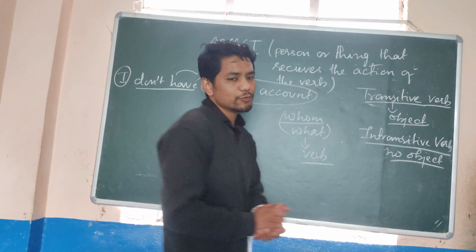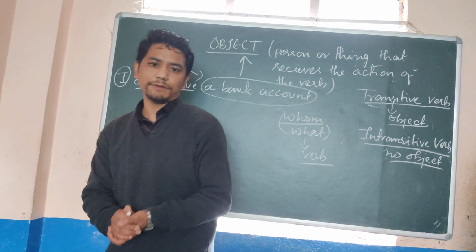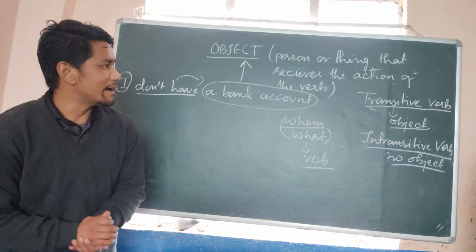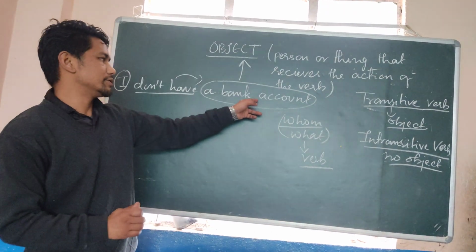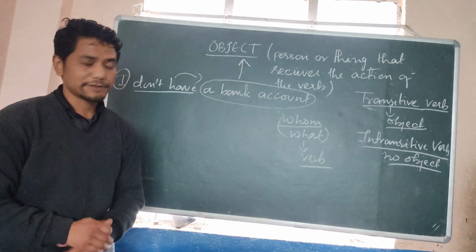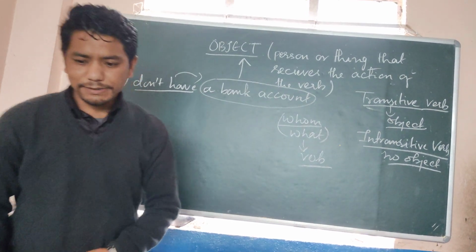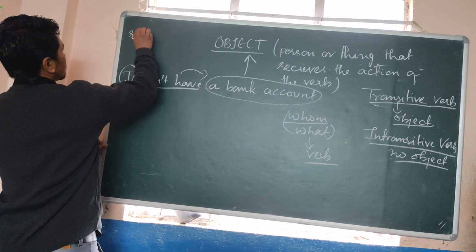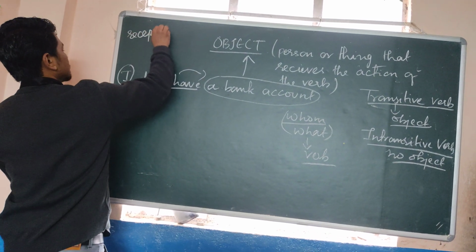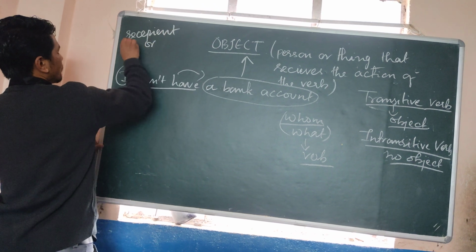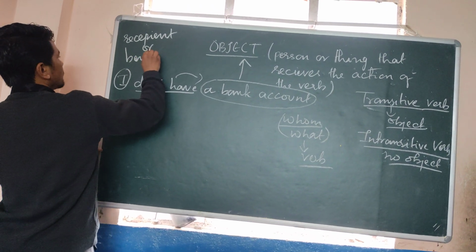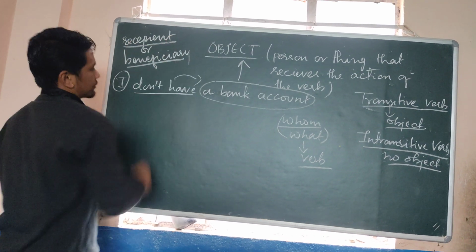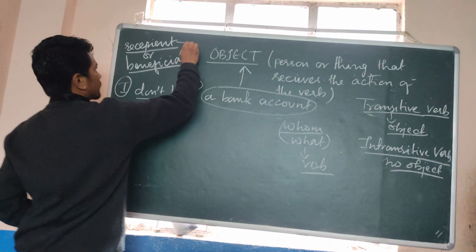But sometimes there will be more than one object. That means there will be one direct object and another indirect object. The direct object is this one, only a bank account, the thing that receives the action of the verb. Whereas the indirect object is the recipient or beneficiary of the action.